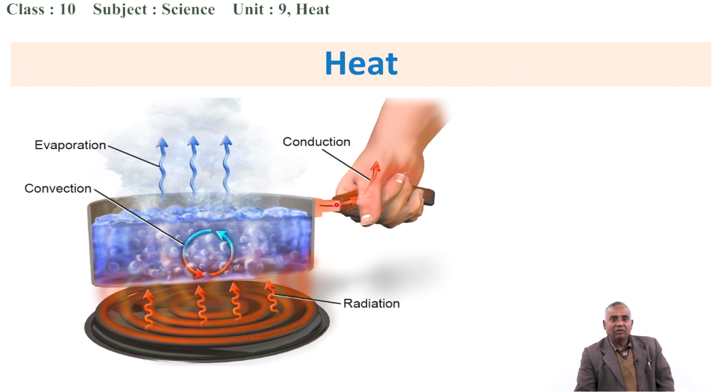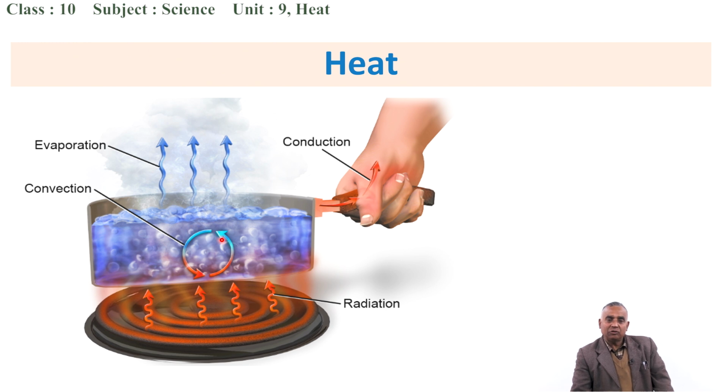Yes. Here from this vessel to the handle, from handle to hand, and here from this vessel to air. And inside the vessel also the particles are moving up and down. That means cold molecules are moving down and hot molecules are moving up.